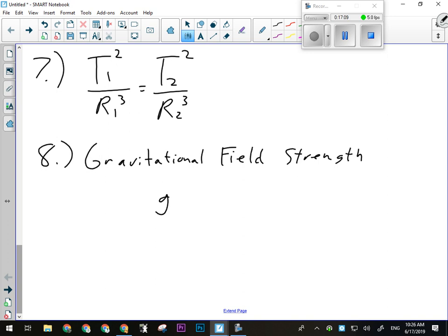So that's little g equals big G times mass 1 over r squared. Remember that formula calculates the acceleration due to gravity at any point. It's different than the force of gravity. We get this by using the force of gravity.